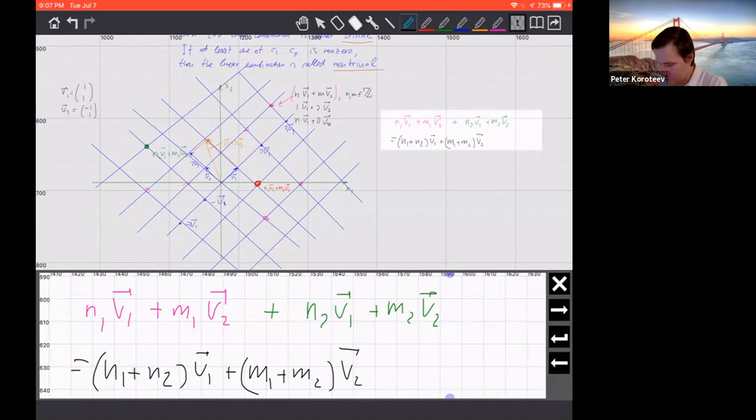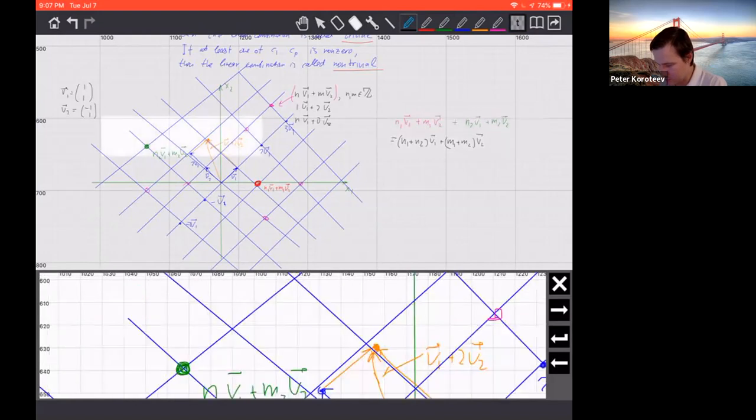If you add these two points together, the resulting point will be somewhere here, because the way I did it, n1 is 1 and n2 is minus 1, so they add up to 0. Does that make sense?